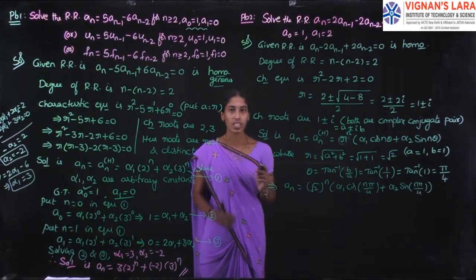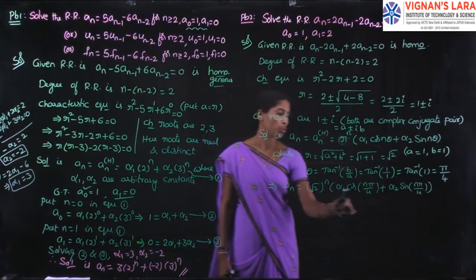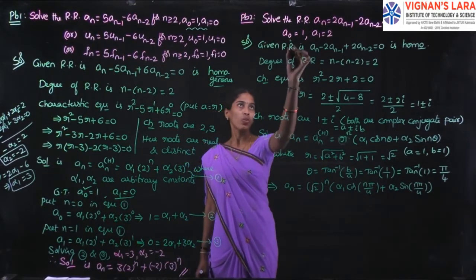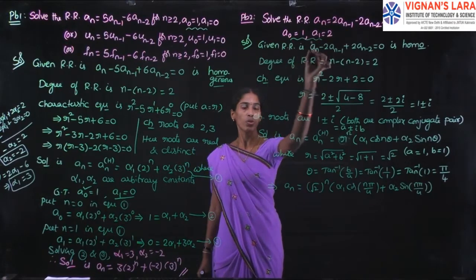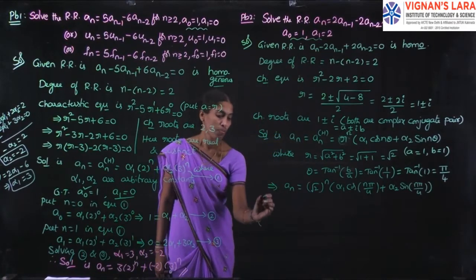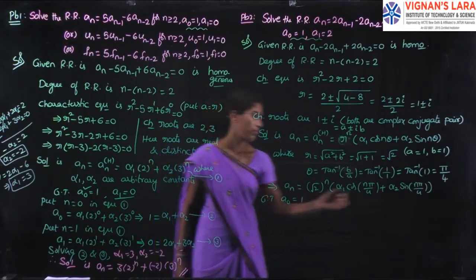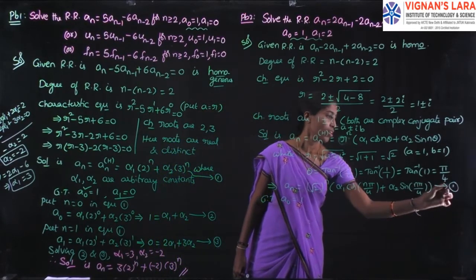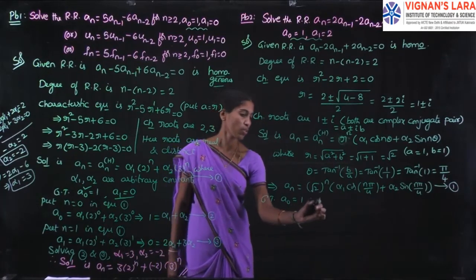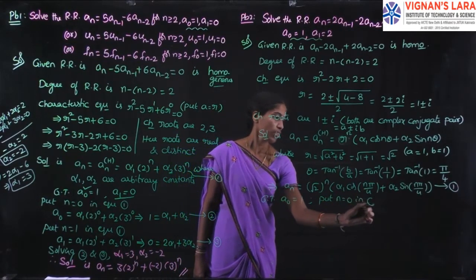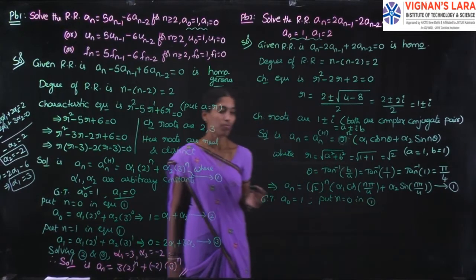Right? This is the solution, but here we have two arbitrary constants, alpha 1 and alpha 2. To find out those two constants, we have to use these initial conditions. So given that a0 is equal to 1, put n is equal to 0 in equation 1.